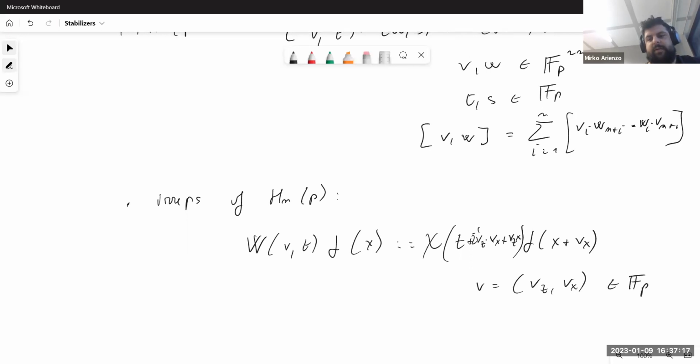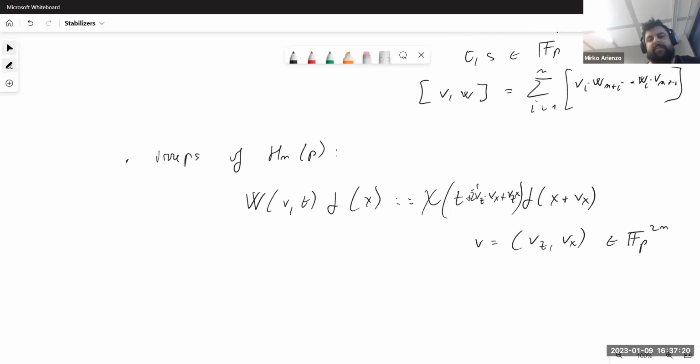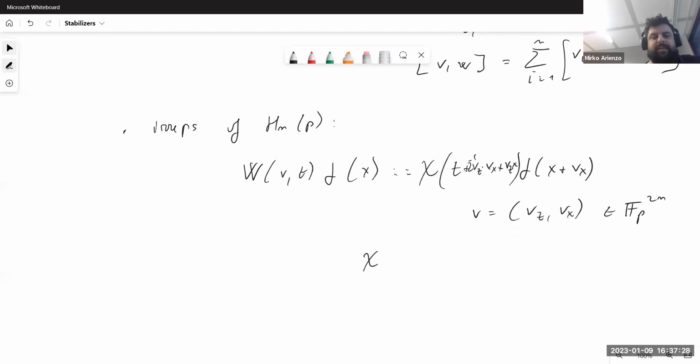You can imagine it as being just split in position and momentum coordinates. And this chi is a map called the character, a map from the base field to the unitary circle, such that an element t is mapped to omega to the t, where omega is just a root of unity.